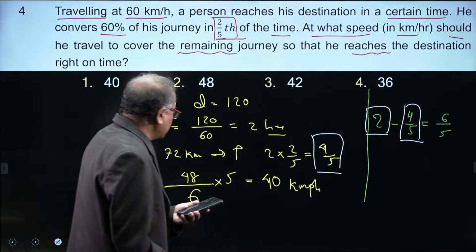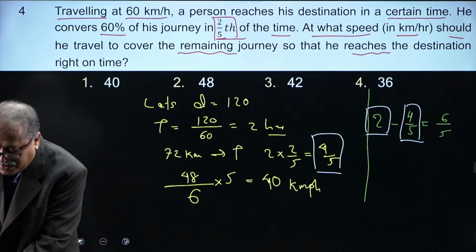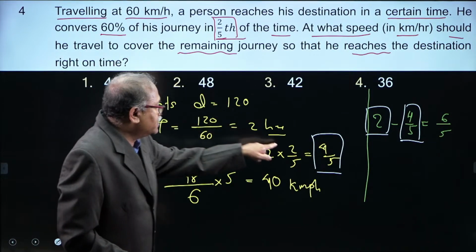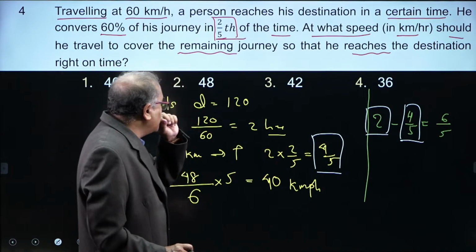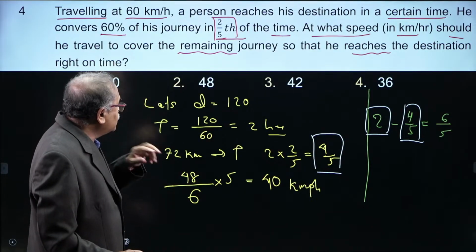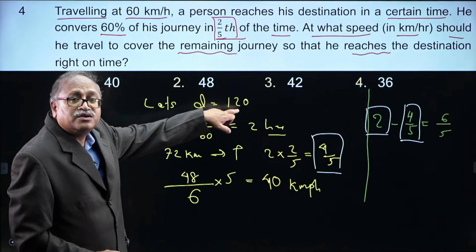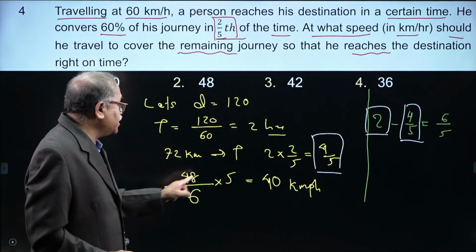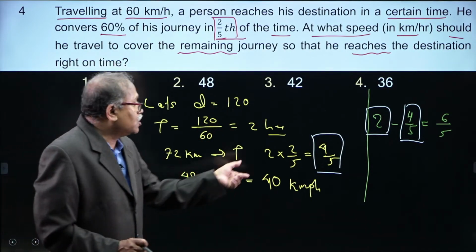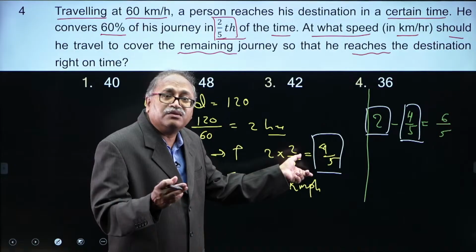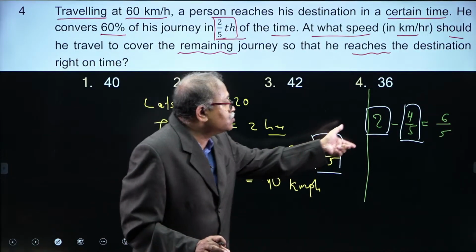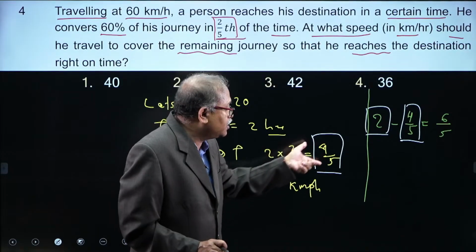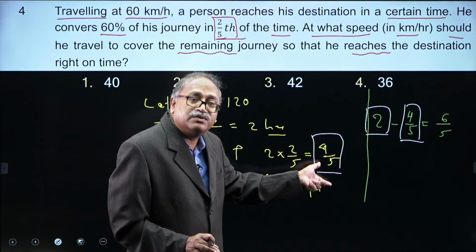Is it 36? Did I make any mistake in the distance here? Out of 120, if I take out 60%, I will be left with 40%. So, 12 4s are 48, this is the remaining distance. Out of 2 hours, 2/5 of the time is over, that means 4 by 5 hours.